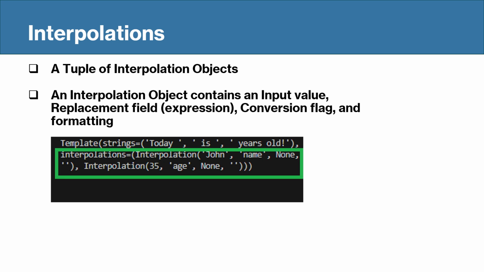So our focus would be on the input value and replacement field. So this diagram shows two interpolation objects. The first interpolation object has an input value of John and a replacement field of name. And the second interpolation object has an input value of 35 and a replacement field of age.